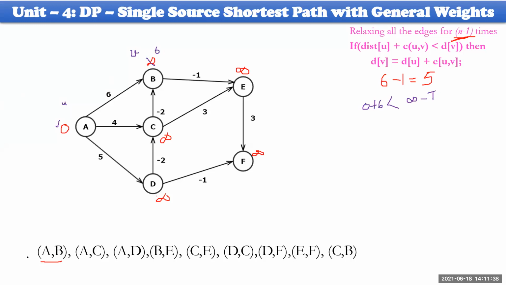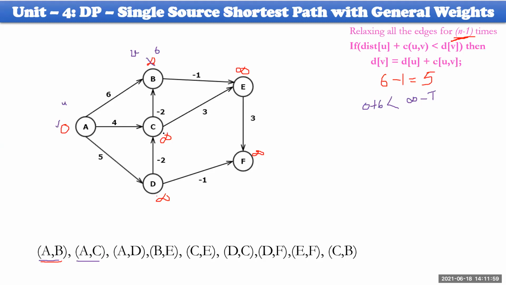So the first edge is over. Let us take the second edge, A comma C. Between A and C, the distance of A is 0, and the cost of A to C is 4. 0 plus 4 is less than infinity.